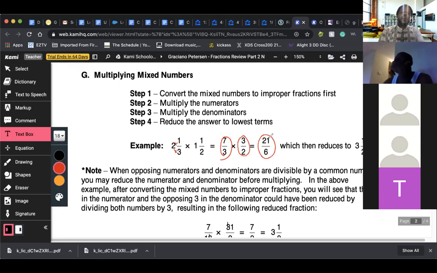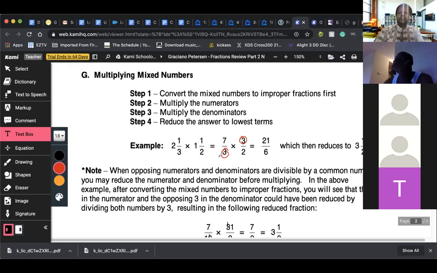Okay. Another step that we can take to make multiplying easier for us is what is called cross canceling. So when we cross cancel, we'll take a look at the fact that we have 3's that are diagonal to each other, right? We know that because they are diagonal to each other, they actually are going to cancel each other out.